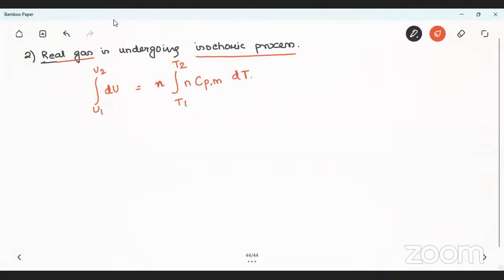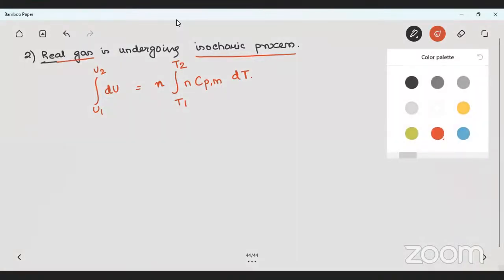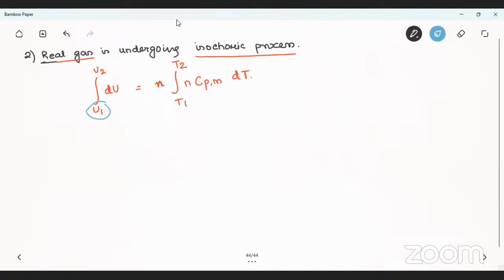If they ask that a real gas is undergoing an isochoric process and these values are given, this value, this value, this value, you can already calculate from degrees of freedom and the number of moles. These all values will be given to you. You just need to integrate.